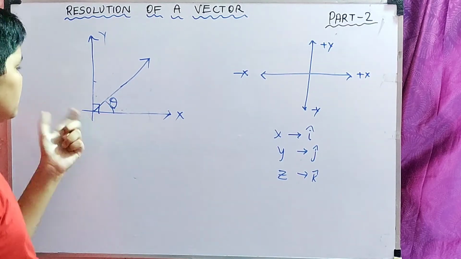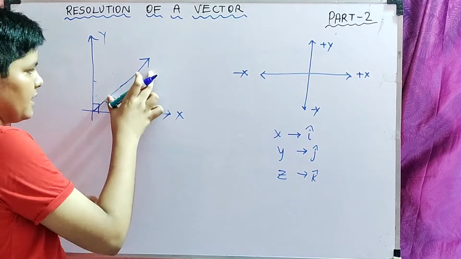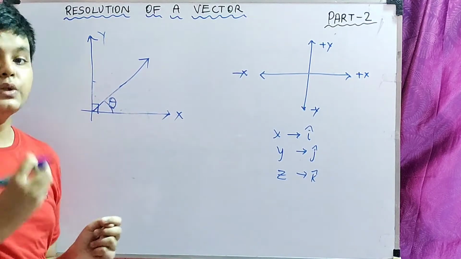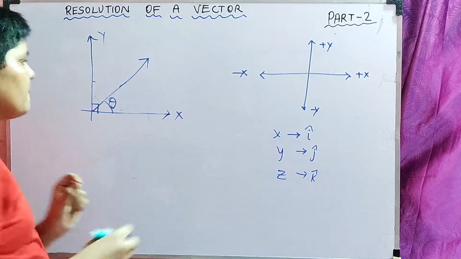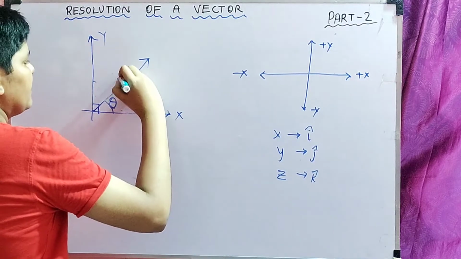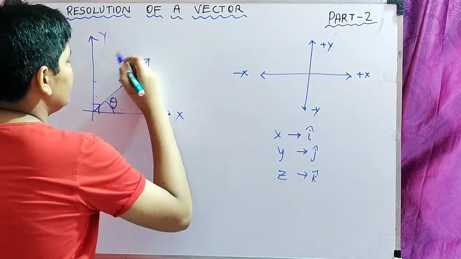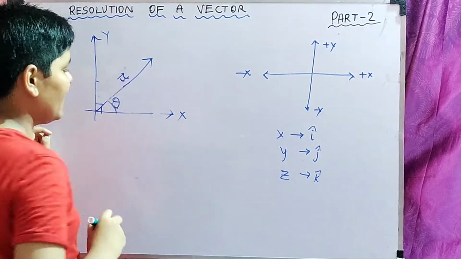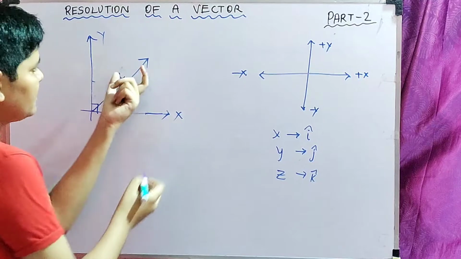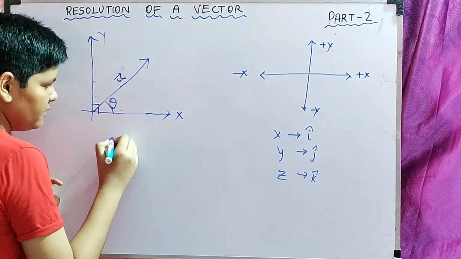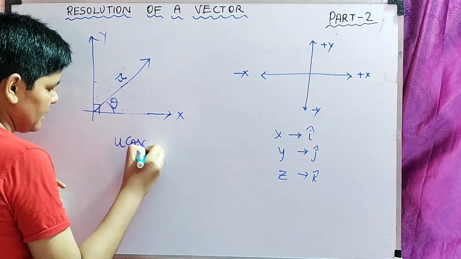To find the resolution of the vector with respect to the x-axis, wherever the theta is, you need to take that as cos theta. This vector I am taking as u bar. To find the resolution of u bar with respect to the x-axis, on the side where theta is, you need to take u cos theta.